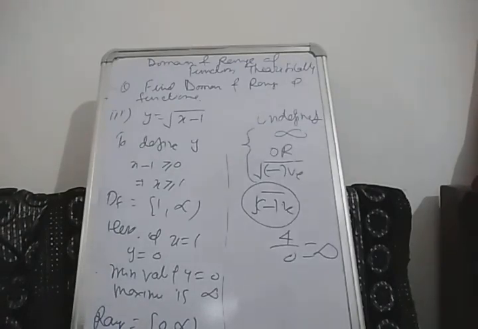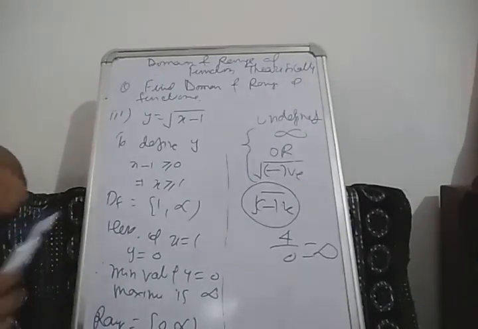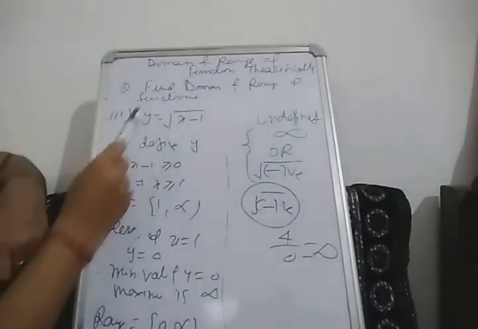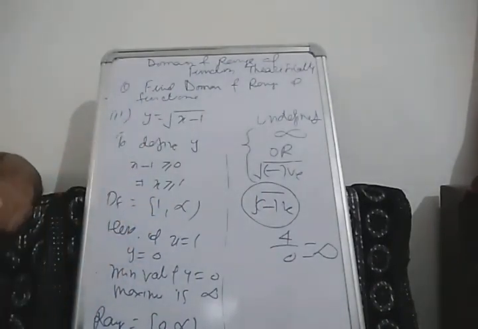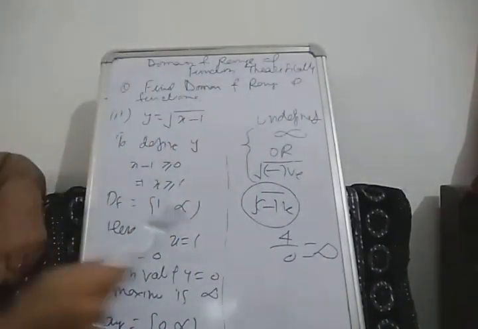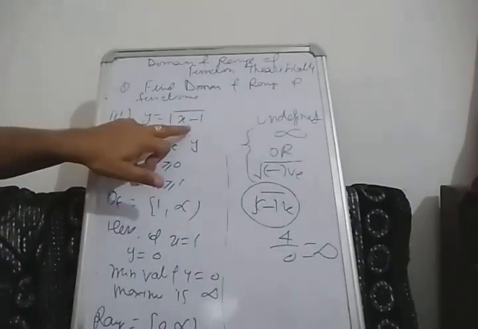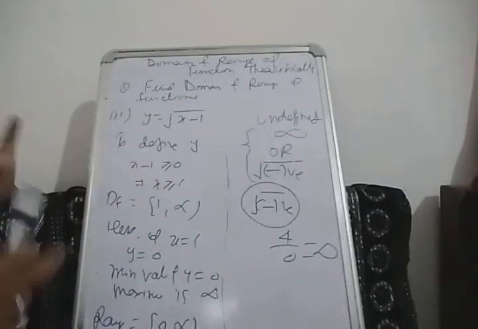Now one more example: y is equal to the square root of x minus 1. What are the domain and range? It means, what is the value of x so that y is defined? y should not take the infinity form or the square root of a negative form. Here y is not taking the infinity form, but y may take the square root of a negative. If I put x more than 1, then it is fine.